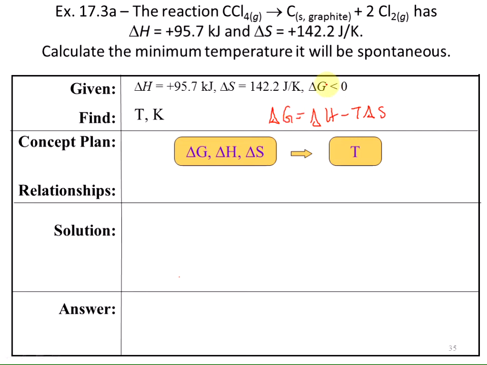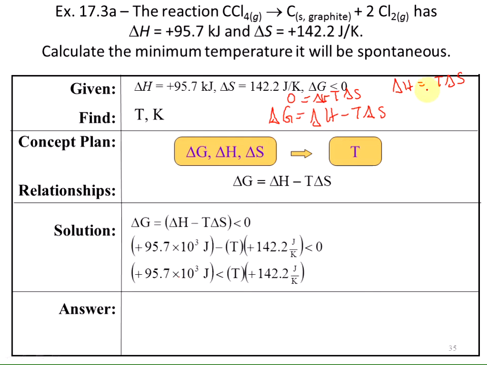So that's where we make that transition from the delta G being positive to negative. So 0 equals delta H minus T delta S. So then, delta H equals T delta S, the temperature which we'll have to increase so that the reaction starts to become spontaneous.